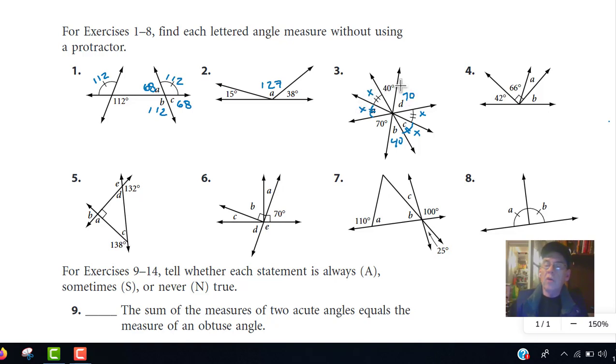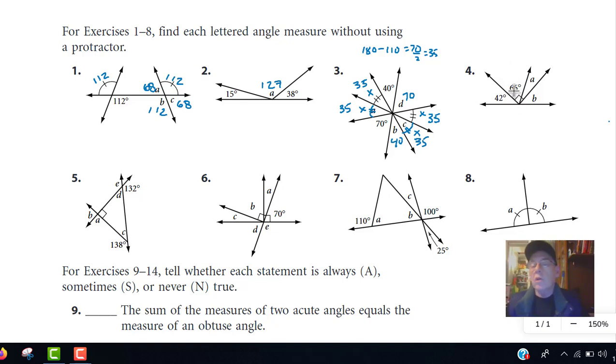So the two numbered angles give us 110. 180 take away 110 is 70. And these two angles are congruent, so if we do 70 divided by 2, we get 35. So each one of these angles must be 35. And since these are vertical angles, those are also going to be 35. So we found all those angle measures.